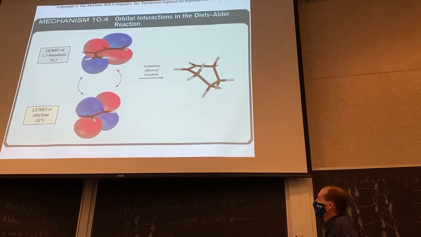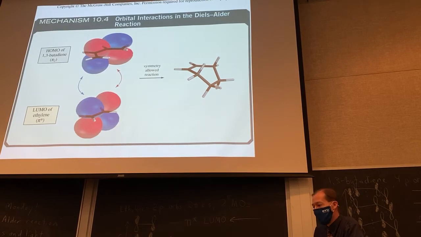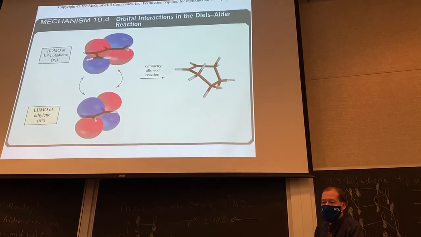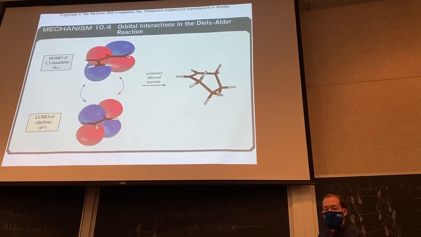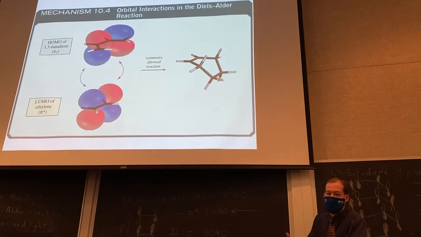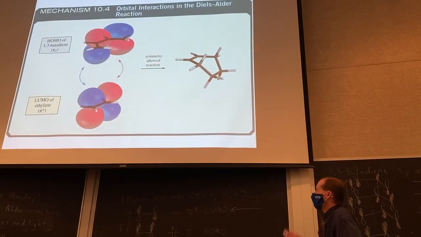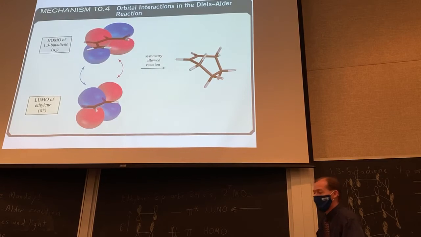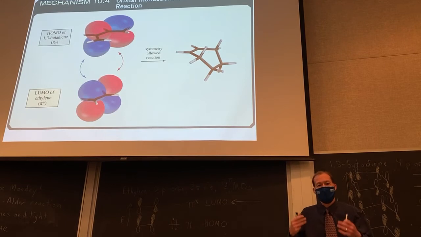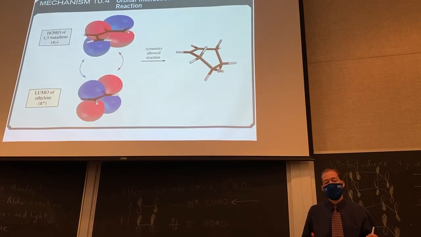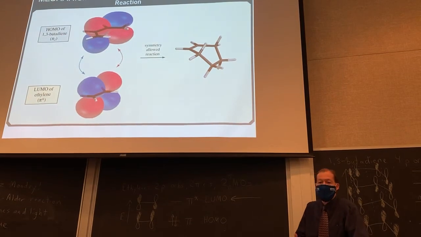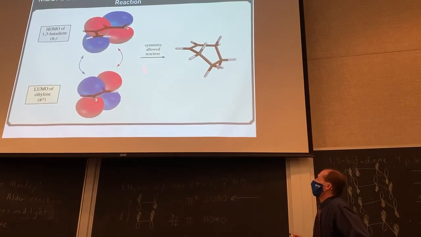This phrase, symmetry allowed reaction, is not one that we use in our textbook, so we won't dwell on it. But the molecular orbital rules that govern pericyclic reactions, such as the Diels-Alder reaction, are known as orbital symmetry rules. So all this means is that the orbitals are in phase with each other in the regions where they overlap, so the Diels-Alder reaction is permitted to occur according to those molecular orbital theories, those rules, and of course we do see it occur in nature, as we've shown.